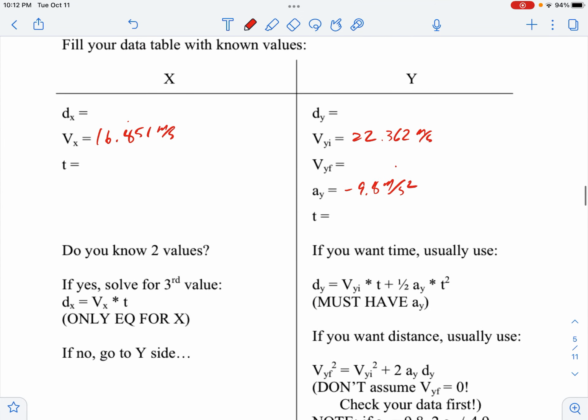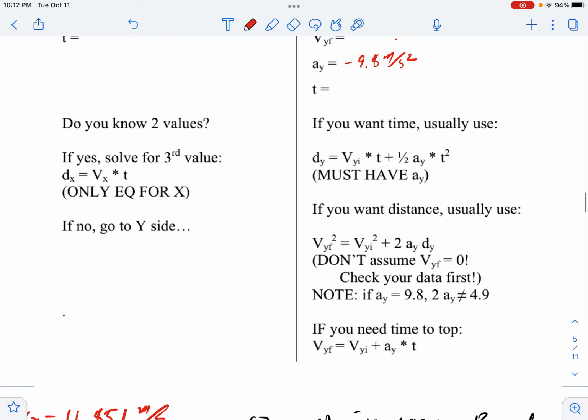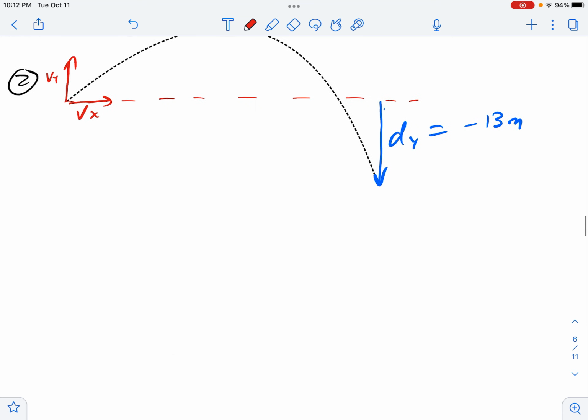I only know the horizontal component of the velocity. I don't know the dx, so I can't get the t, or I don't know the t, so I can't get the dx. So I'm going to have to solve for that time. Nearly identical approach in that I'm going to use the same equation, the displacement equation, Vi t plus 1/2 a t squared.